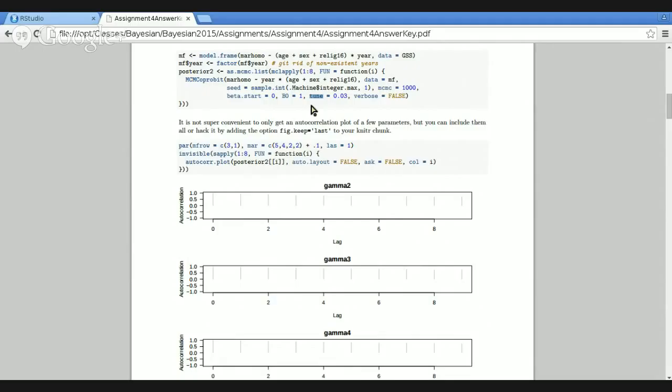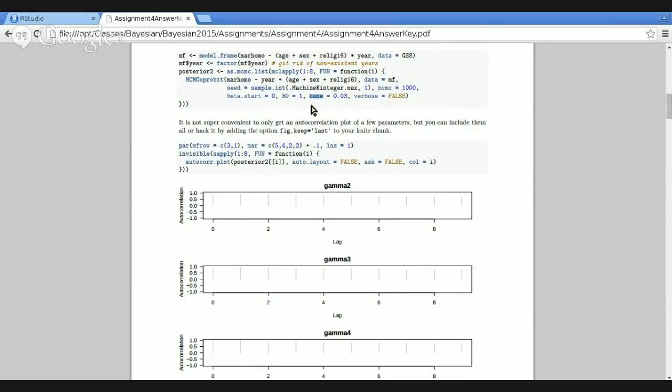But anyway, the point that I was trying to make with this autocorrelation plot is that the autocorrelation dies out pretty slowly. I only put 8 or so lags out, but it doesn't seem to be getting a whole lot smaller from step to step.